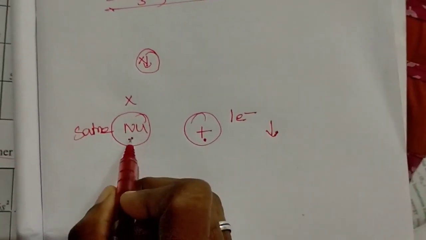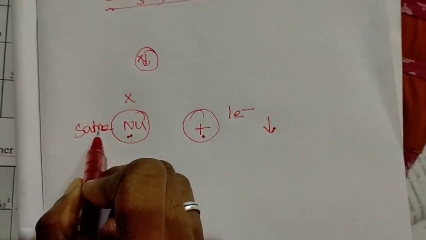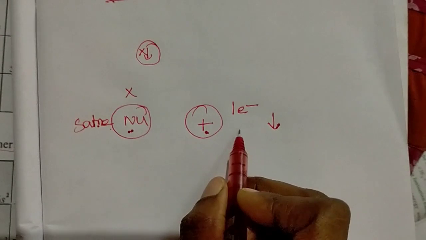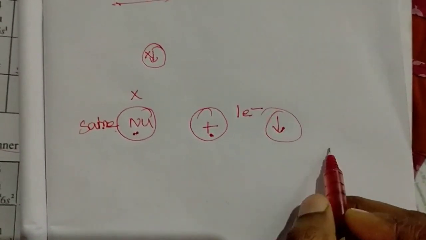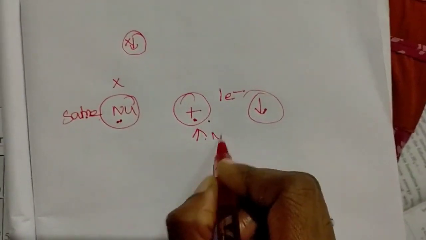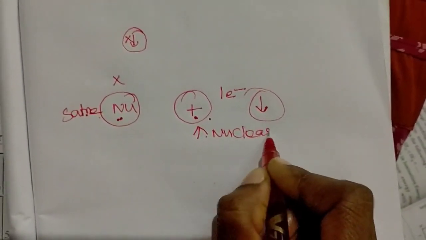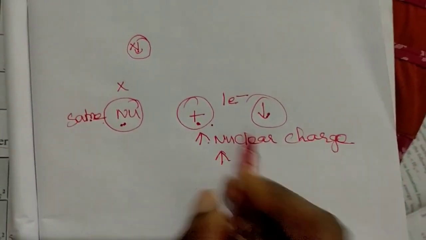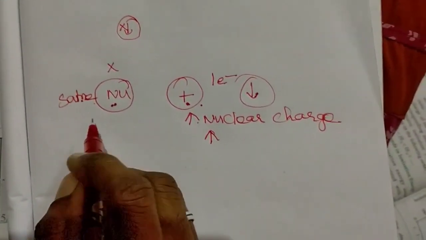In the neutral atom the proton number is the same as the electron number, but in the cation it is not, because one electron is removed. So the nuclear charge of the cation is greater than that of the neutral atom.